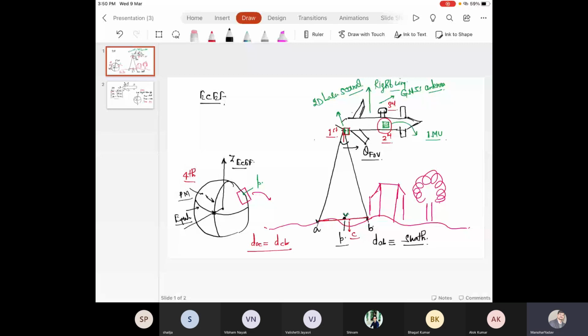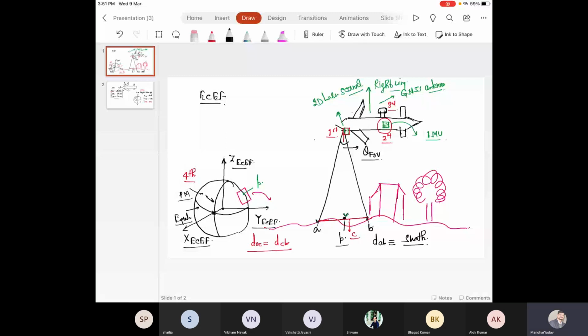It is X ECEF. All of you remember it. Now by using the right-hand thumb rule, it will be Y ECEF. This is the fourth coordinate system.